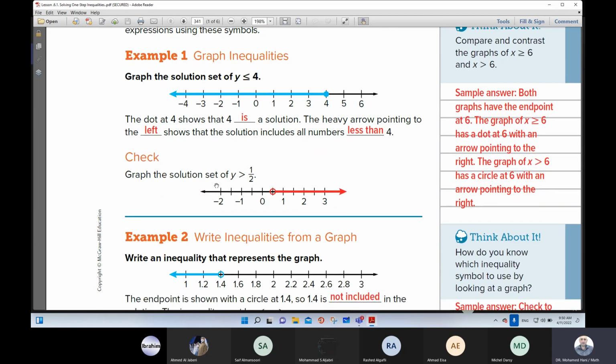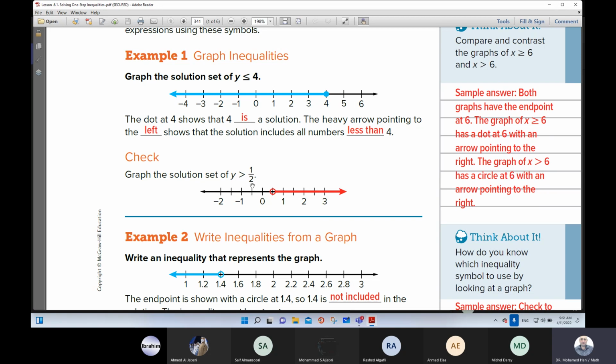The second example here, as you see, y greater than 1 over 2, we don't have equal here. So we can draw the number line and represent 1 over 2 between 0 and 1 in the middle.